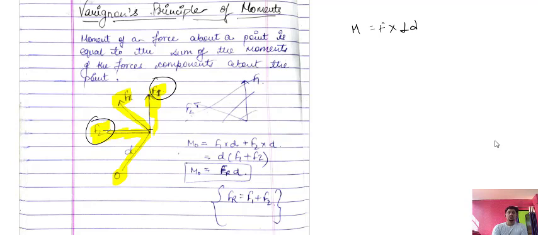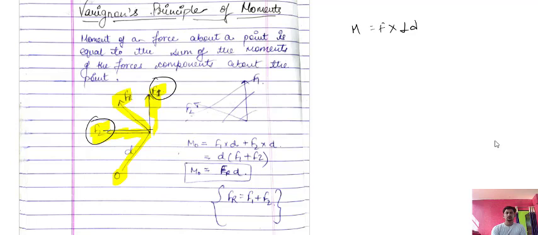According to Varignon's principle of moments, whatever the forces acting at any object, or if we are considering any point, if there are a number of forces acting, then according to this theorem, the summation of the moments of all the forces will be equal to the moment produced by the resultant force.